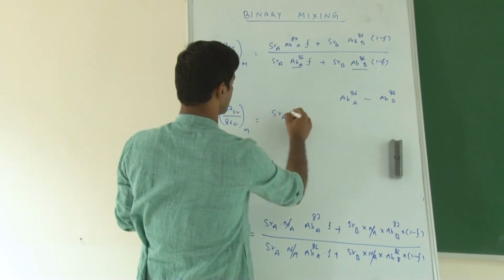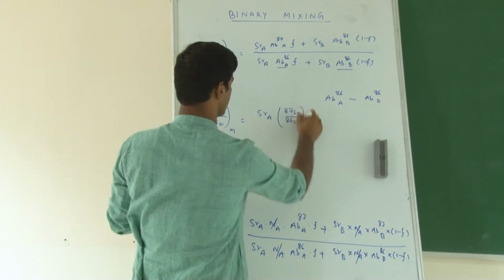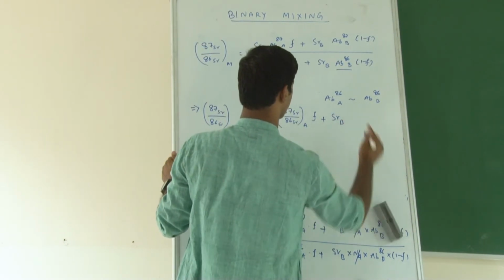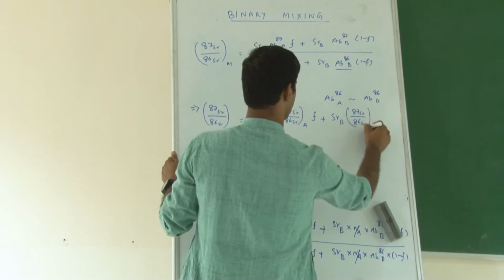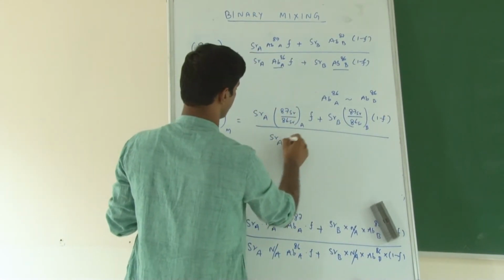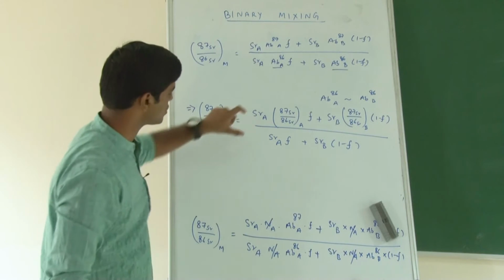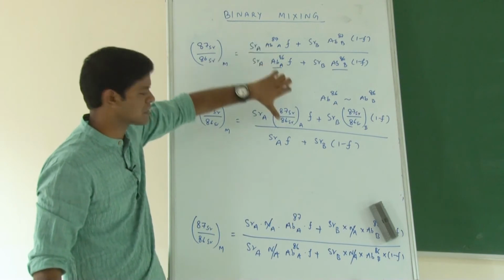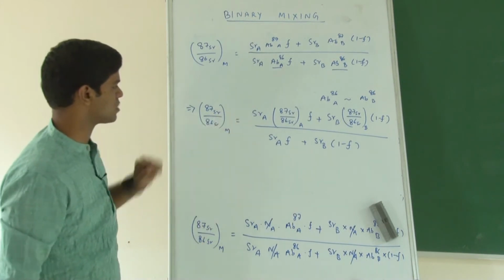So, you will have strontium A into 87 strontium by 86 strontium in A into F, plus strontium B, 87 strontium by 86 strontium B into 1 minus F, divided by strontium A F plus strontium B 1 minus F. If you see carefully, this abundance of 87 divided by abundance of 86 is actually the isotopic ratio. That is why I could write 87 by 86 in strontium.